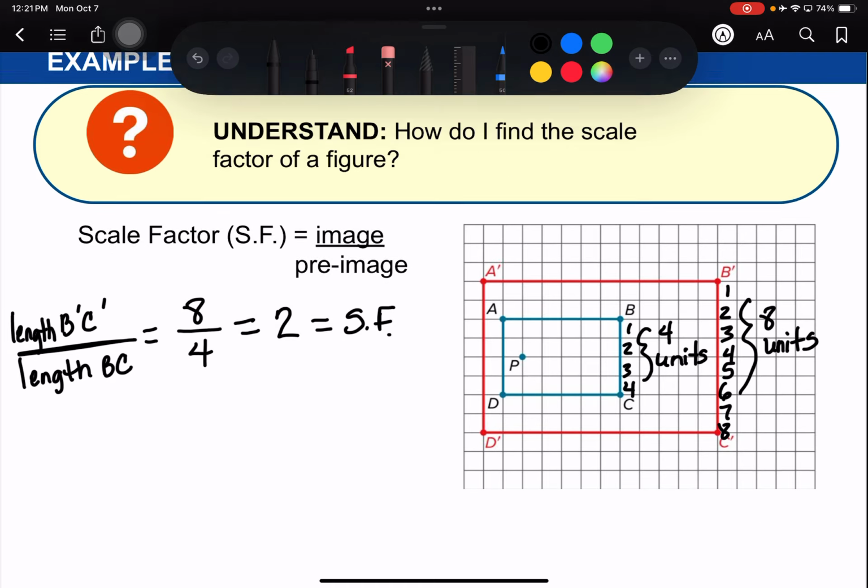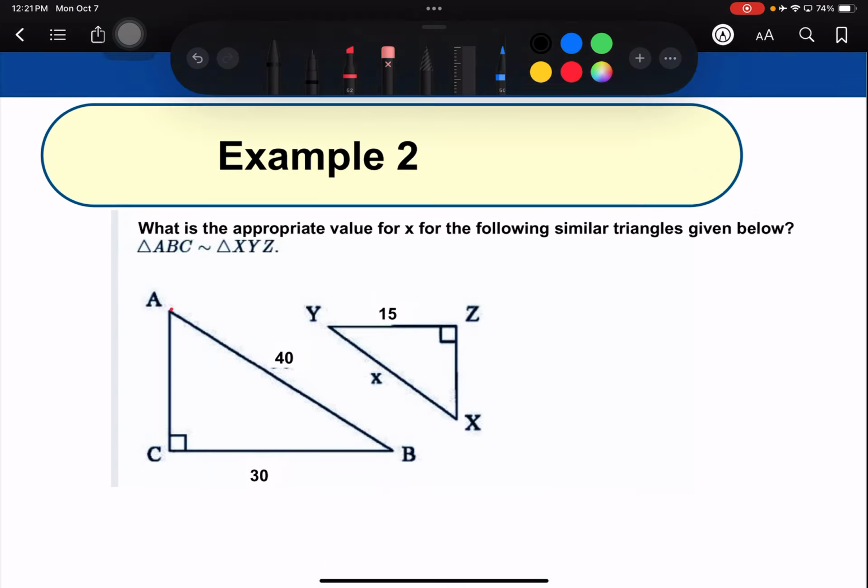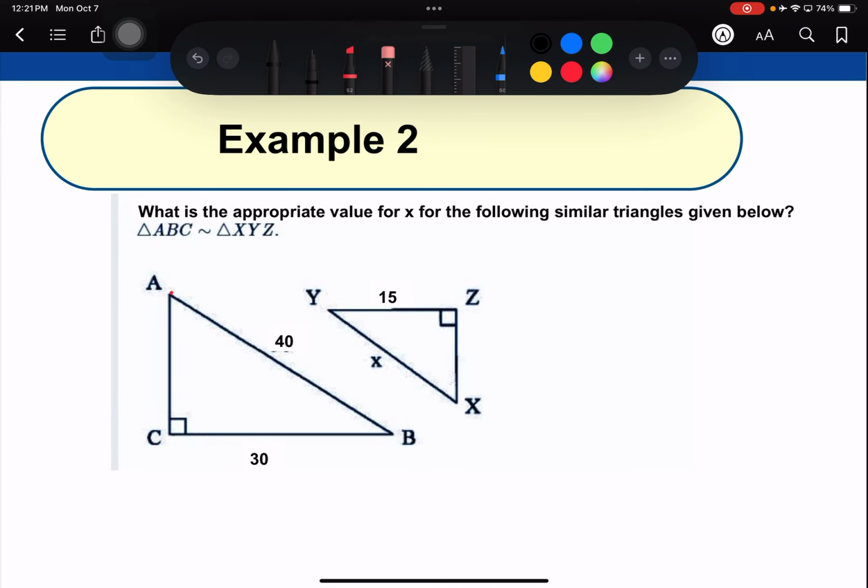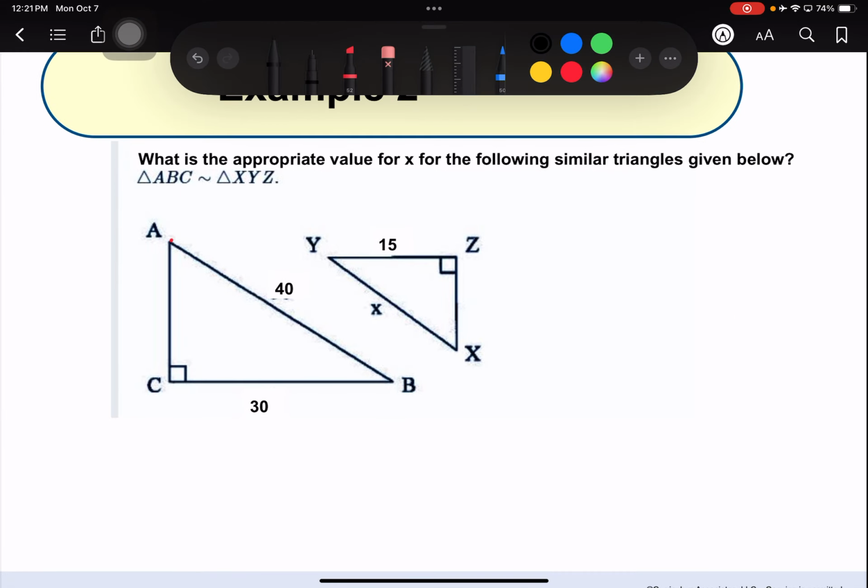So remember, the image divided by the pre-image is the scale factor. So now let's look here. It says we want to do example 2. We want to find the value of x. So to find the value of x, you have to know your congruent sides. Which angles are equal to each other? Angle A is equal to what?